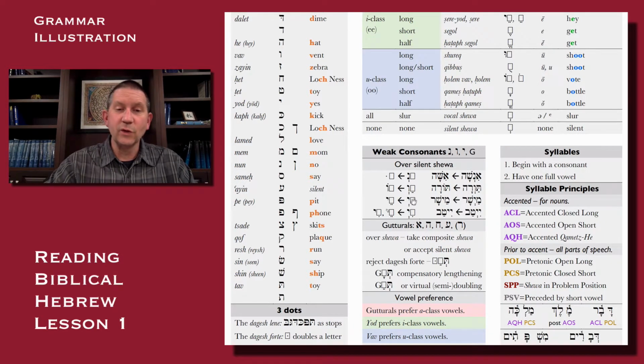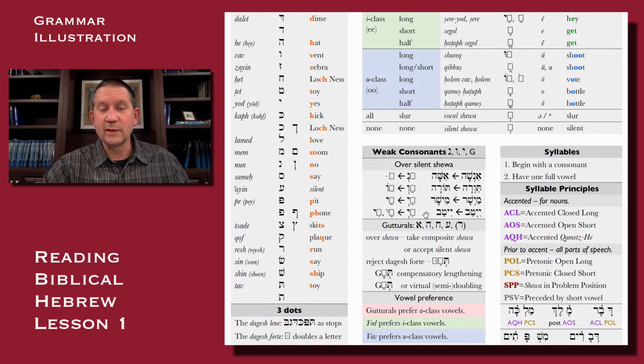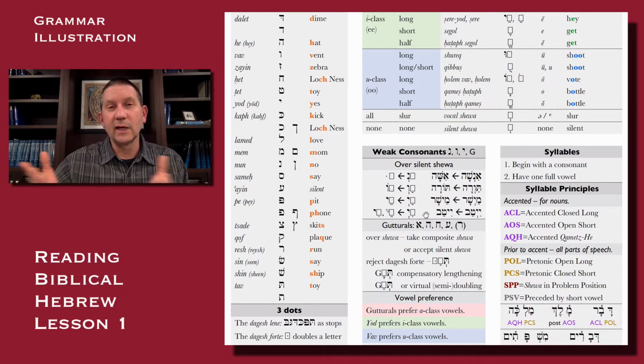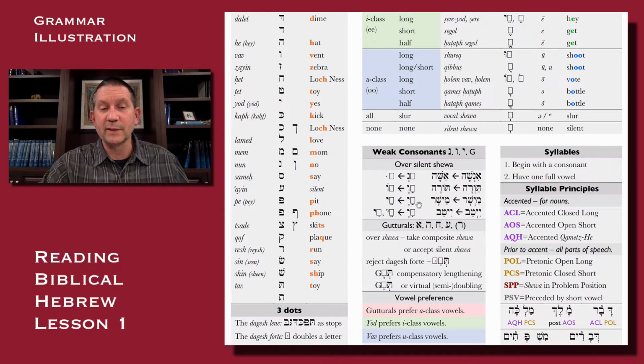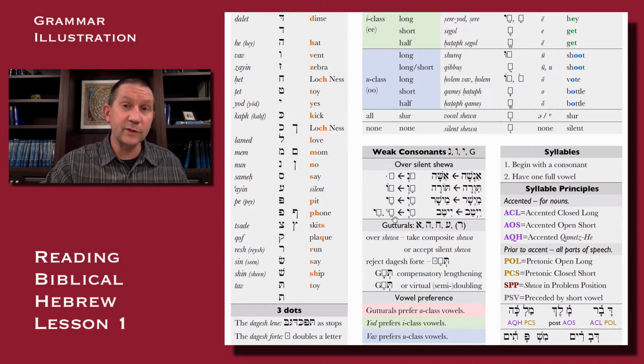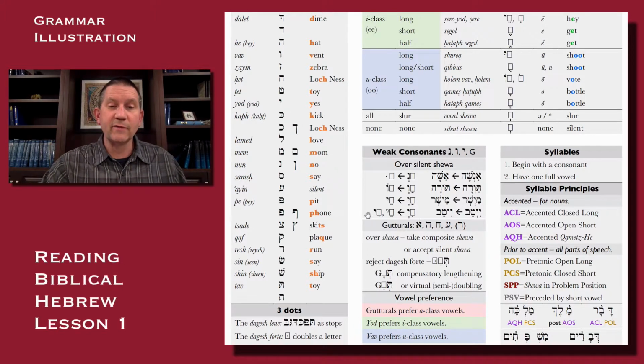When we have a yod over a silent shva, the vowel that it ends up becoming might be different depending on what was preceding it to begin with. If you have a patach preceding that yod, we're going to end up with a tsere yod. If you had a chirik preceding that yod, you might end up with a tsere, this time usually without the yod, or you might have a chirik yod.